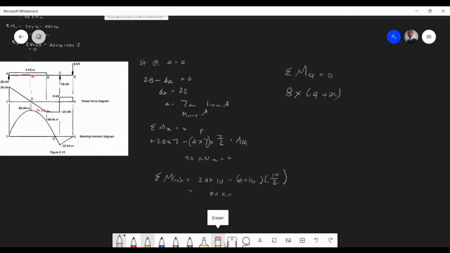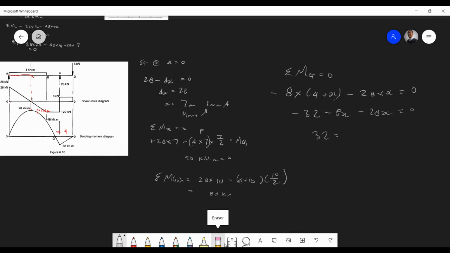Let's call that distance x here. So that's 4 plus x. Then of course we're also going to have, that's negative, plus 28 times x equals 0. We have minus 32 minus 8x minus 28x equals 0.